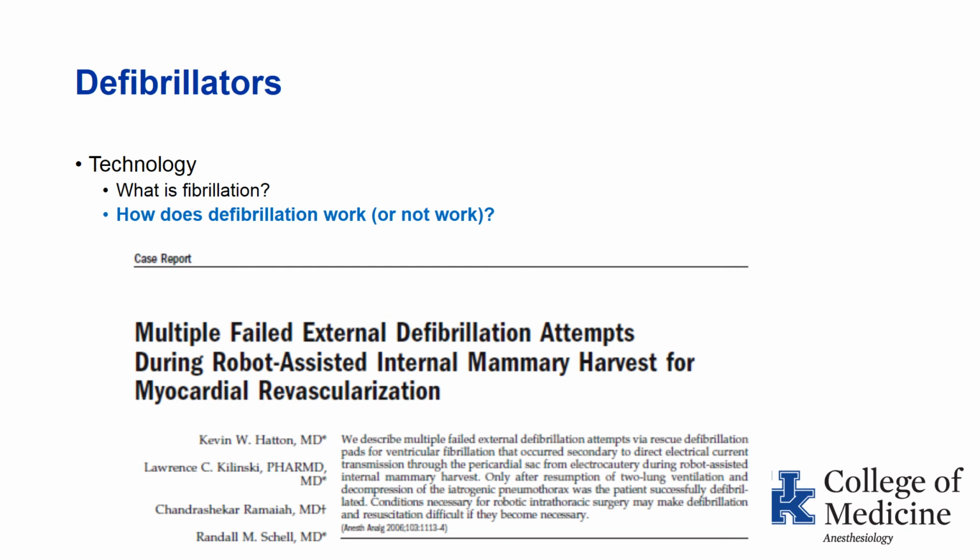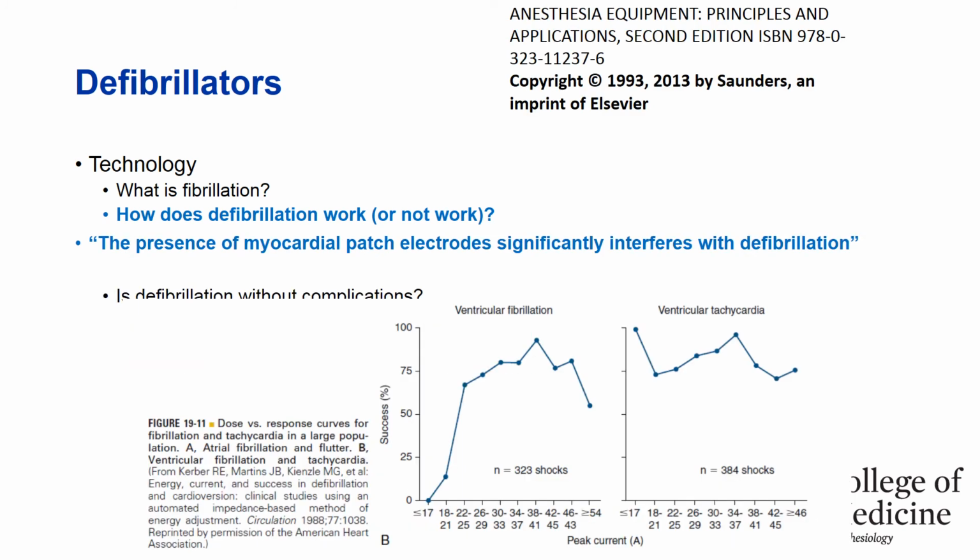Hatton and Schell, reported the failure of defibrillation when there was an iatrogenic pneumothorax with one lung ventilation. Like intravenous medicines, electrical current has a dose-response curve, and these graphs show the relationship between peak current and clinical success for VF and VT.